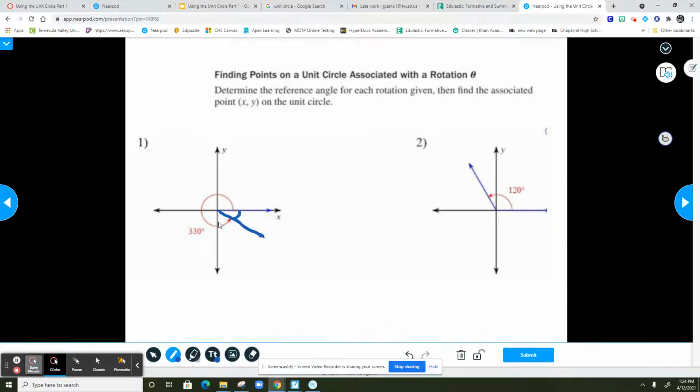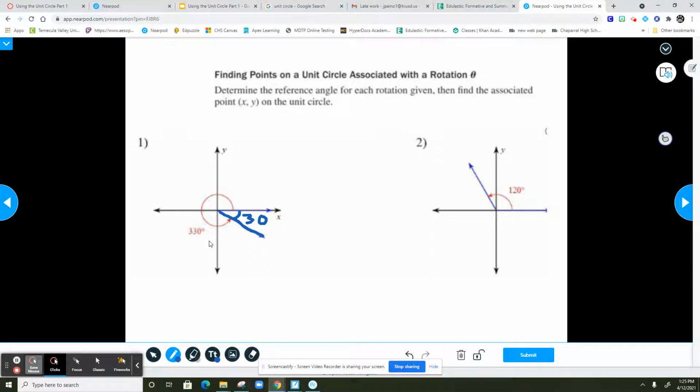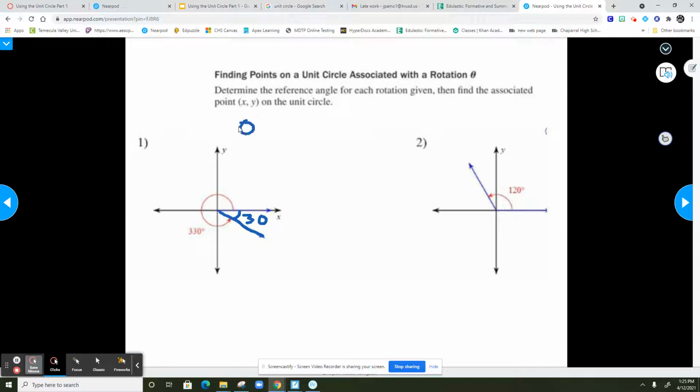Well, it's just 360 minus 330, because 330 plus what has to make the whole 360. So the reference angle here is just 30 degrees. That's my theta r, my reference angle, 30 degrees.